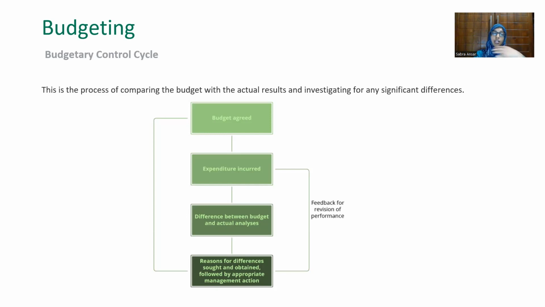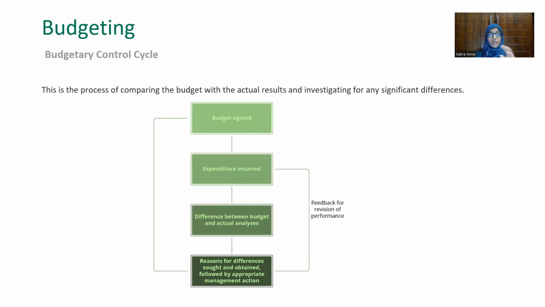So as you can see, this is a continuous process where, after sorting out the differences, if there is something mismanaged, it will be communicated to the relevant parties, and they are told not to mismanage it and to stick to the proper amounts.